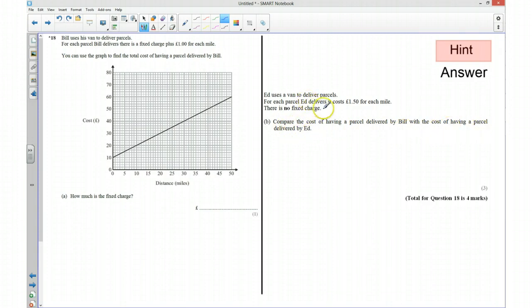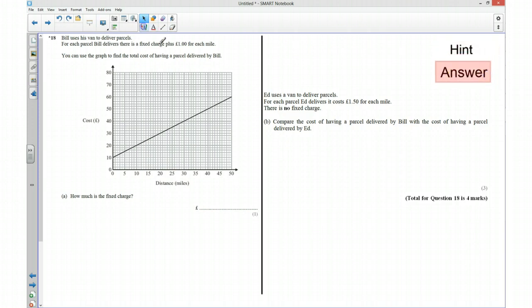An easy way of doing this would be to see if you can put this information onto this graph here. You should then be able to clearly compare the two things together. Okay, those are my hints. If you'd now like to pause the video and see if you can answer the question for yourself.